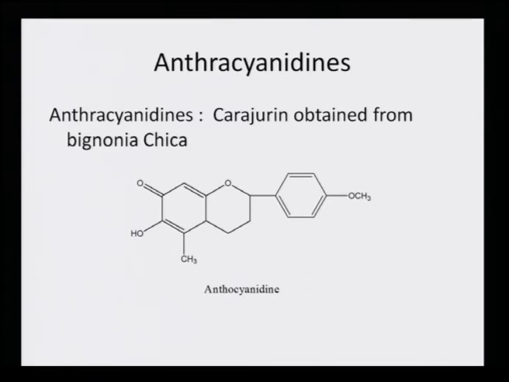Similarly, there are dye molecules which come under the category of anthocyanidins. Anthocyanidin, carajurin obtained from Bignonia chica, is one dye. Now, again you will see that there is an O-methoxy and there is a hydroxy group, and there are aromatic systems which make the conjugation.